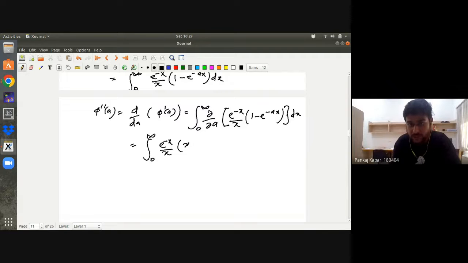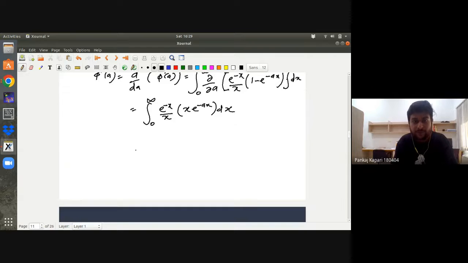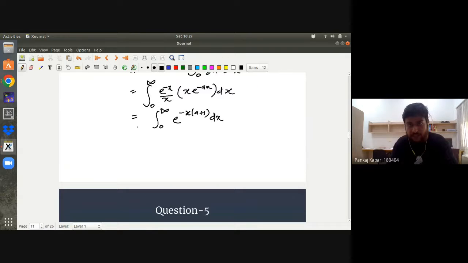So this will become just x times e to the power minus ax dx. Now this x we can cancel, so this is the integral from 0 to infinity of e to the power minus x times (a plus 1) dx. Now we can evaluate this integral easily because this is an exponential function.